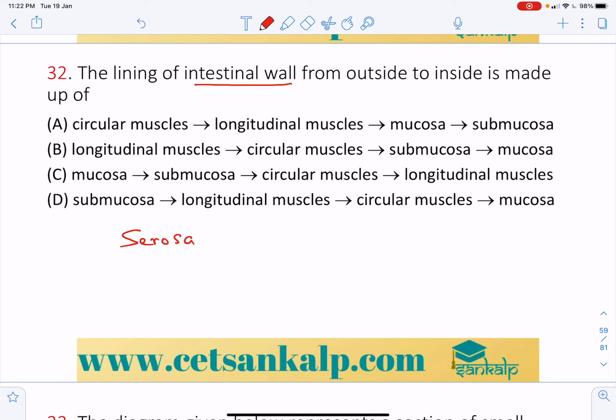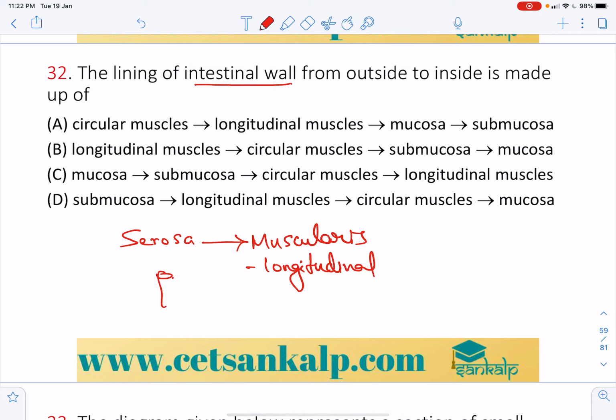Next to that is muscularis, and in that muscularis we can see the outer longitudinal fibers. You can imagine some pillars placed in a circular pattern. I'm just going to draw lines, these are the pillars.